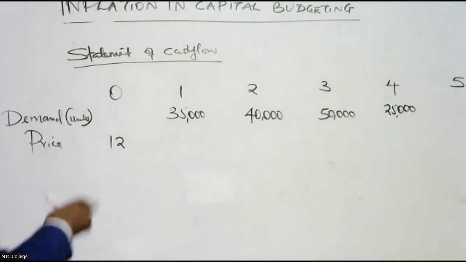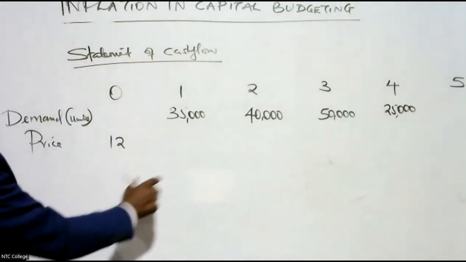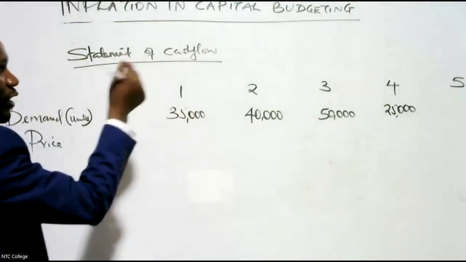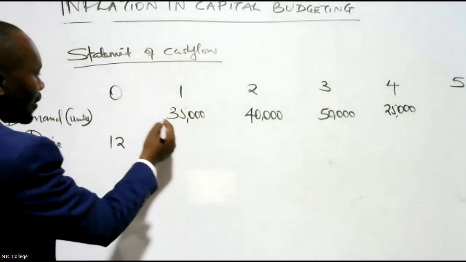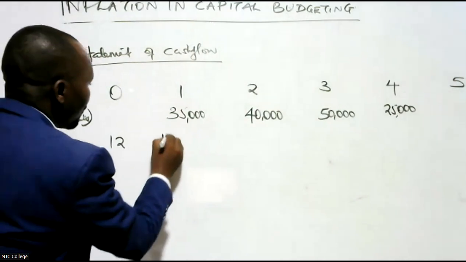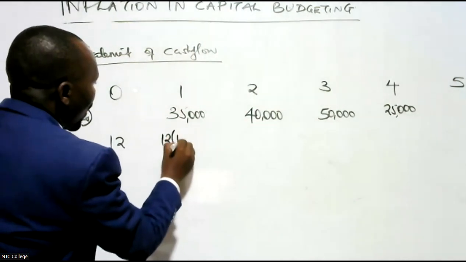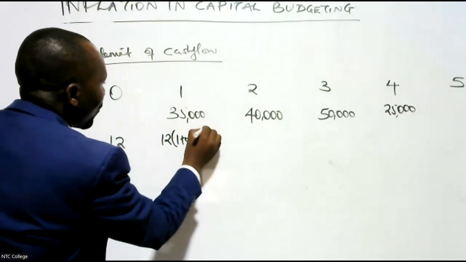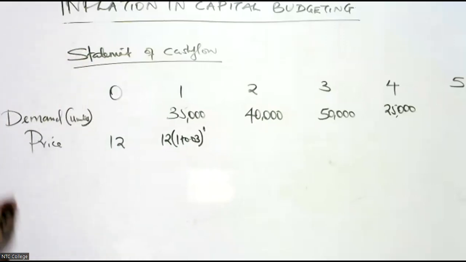So if at the beginning of the year this was the price, at the end of year 1 it will have increased by 3%. So at this point we shall have 12 into 1 plus 0.03 for year 1.